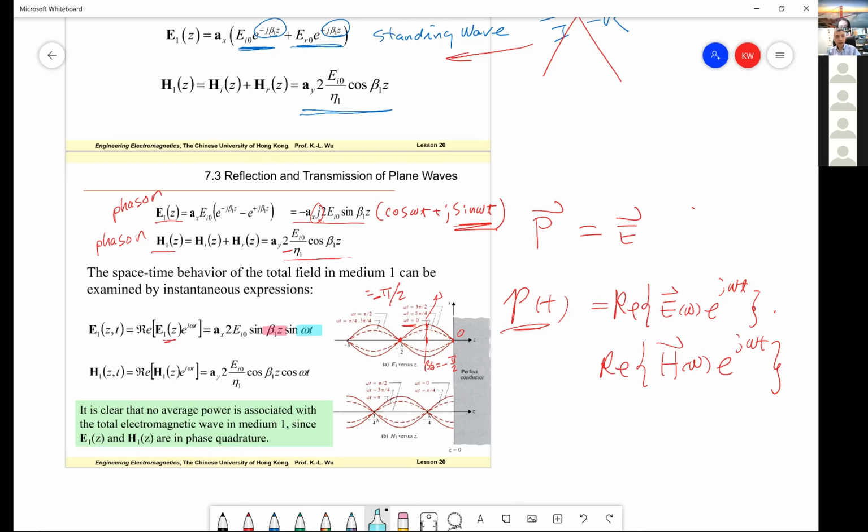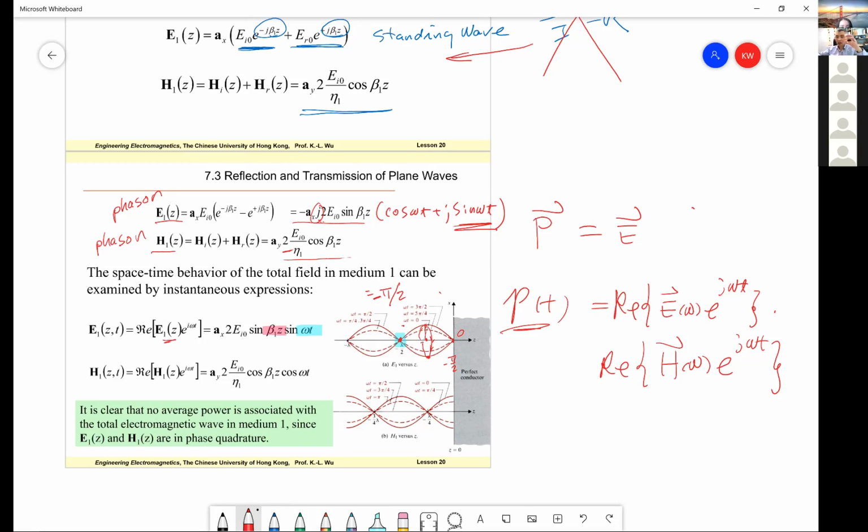So for sure at some locations you can never measure the field, such as here, right? And at some places you can find the maximum changing field, but it's not always a constant value. It changes with time, up and down. Sometimes it goes to the maximum positive value, sometimes negative value, and then goes back to zero, and back to maximum, and back to zero, and to negative, right?